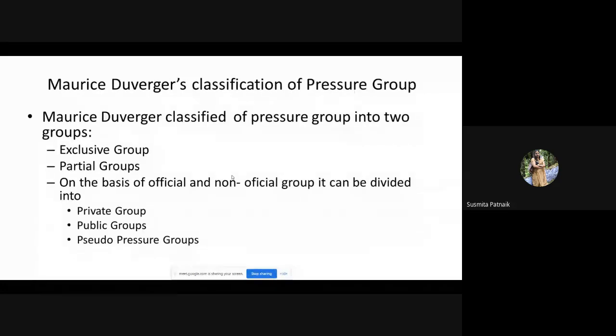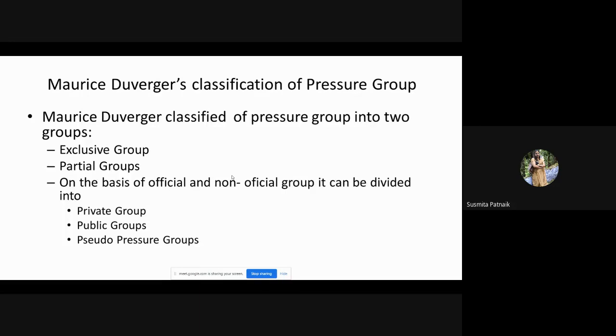The exclusive groups are those groups which are putting pressure upon the political system. The members of these groups are putting pressure upon the political system. While in the partial groups, the members are essentially set up to promote the interest of the members.